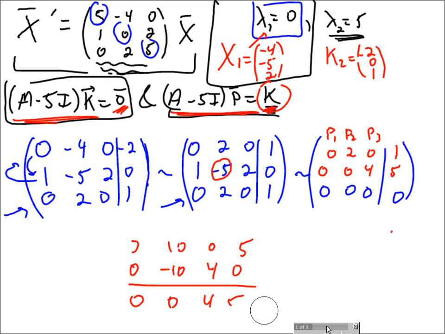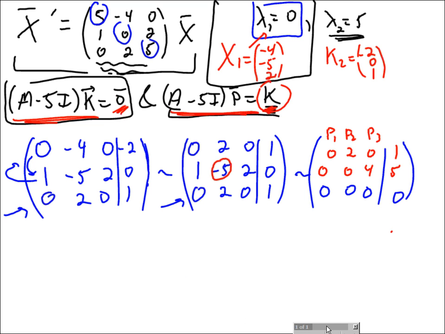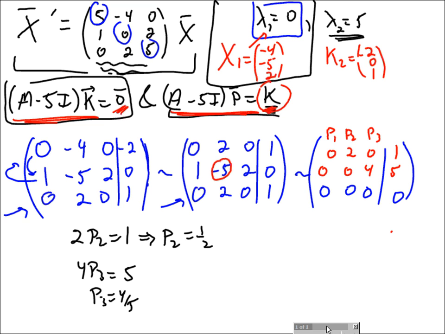The first equation tells me that 2 P2s is 1. Oh, that means P2 must be a half. The second row tells me 4 P3s is 5. So P3 is 4/5. And P1 can be anything.